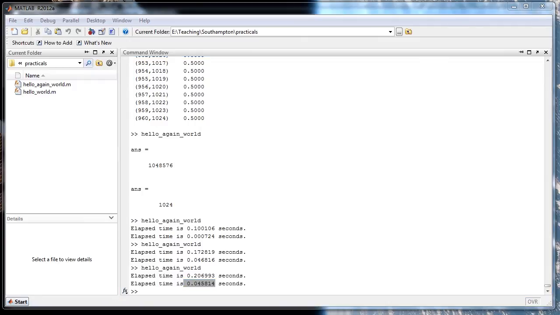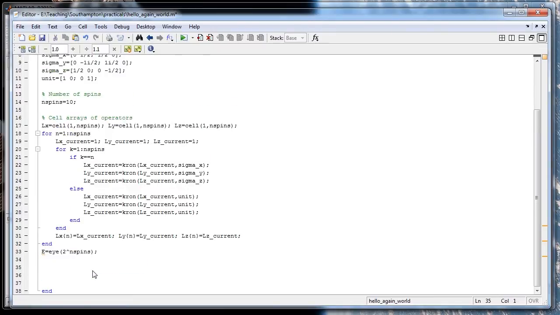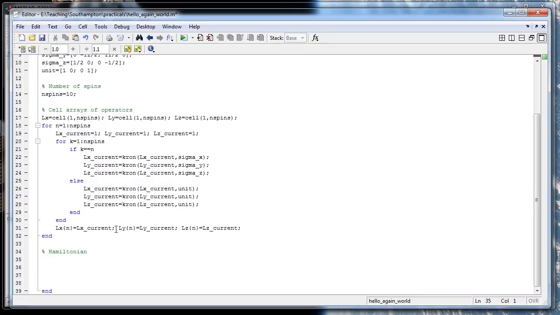Okay, let's continue with our writing. So now that we have the basic operators that we require, actually I doubt we'll ever need the unit operator in there. Let's make our Hamiltonian. So, Hamiltonian. Again, in practice what you'll have will depend on the details of the system that you're actually simulating. What I will do is just cook up a set of essentially random parameters, random chemical shifts and random J couplings. So let's say chemical shifts.